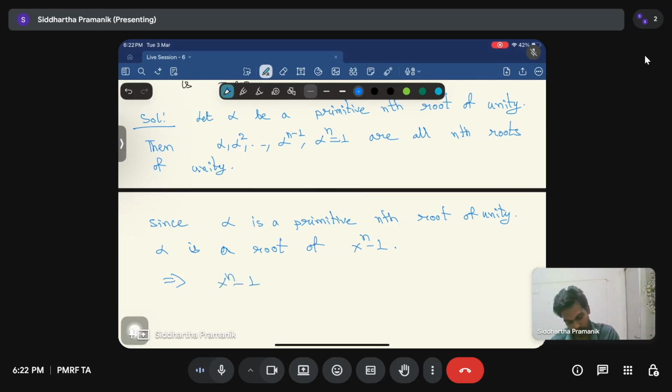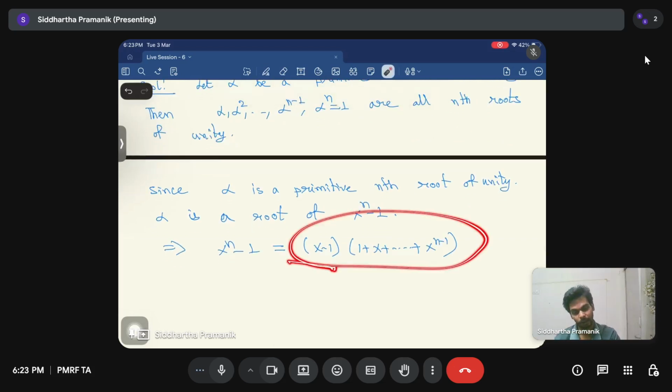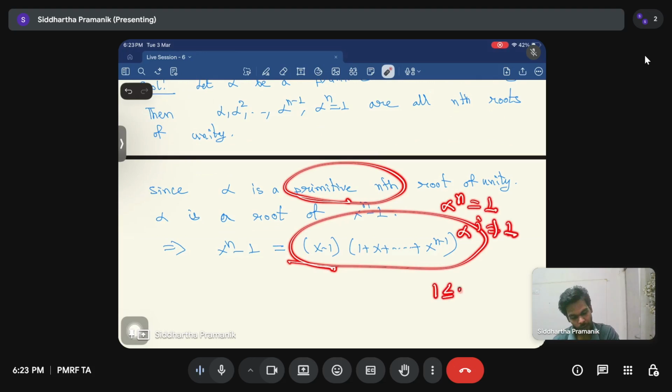We can write this as x minus 1 times 1 plus x plus dot dot up to x power n minus 1. This is the formula. So alpha is a root of this polynomial, but alpha is also a primitive nth root. So alpha power n equals 1, but alpha power i is not equal to 1 for all i strictly less than n. This is the definition of a primitive nth root of unity.